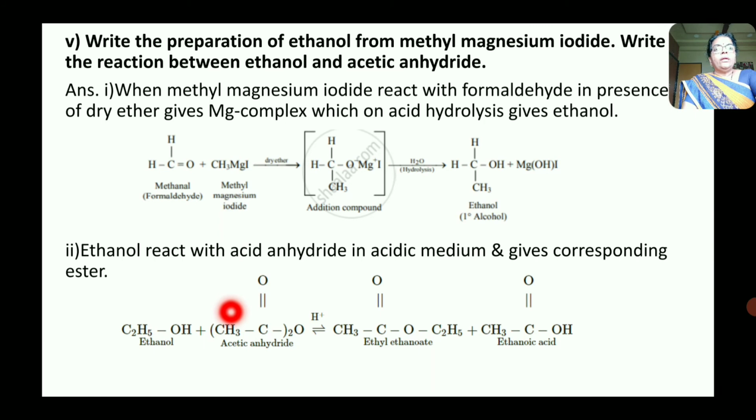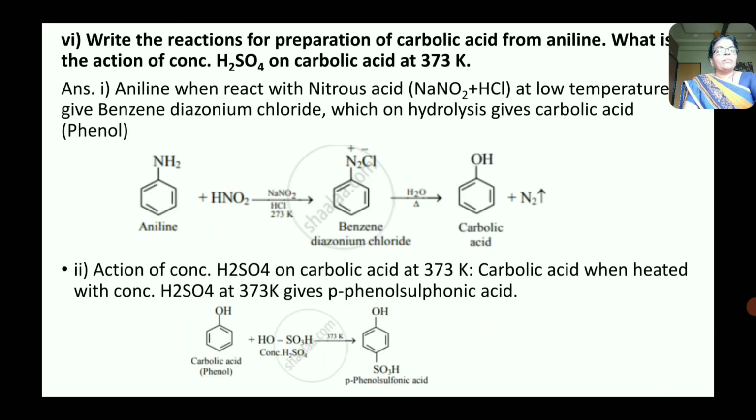Now here this hydrogen atom from ethanol is replaced by COCH3 group to form CH3COOC2H5 plus CH3COOH, that is acetic acid is obtained as a byproduct, that is ethanoic acid. In this way, when ethanol reacts with acetic anhydride, it gives ethyl acetate plus acetic acid.